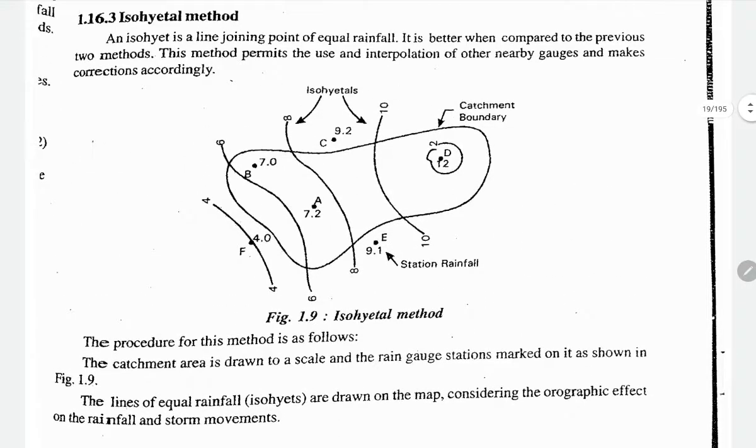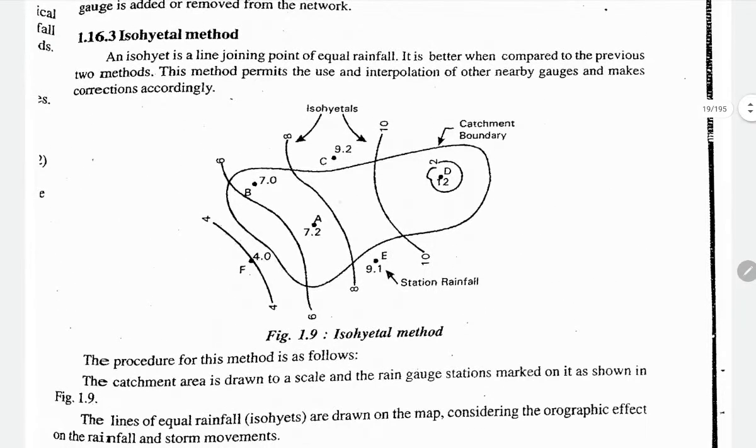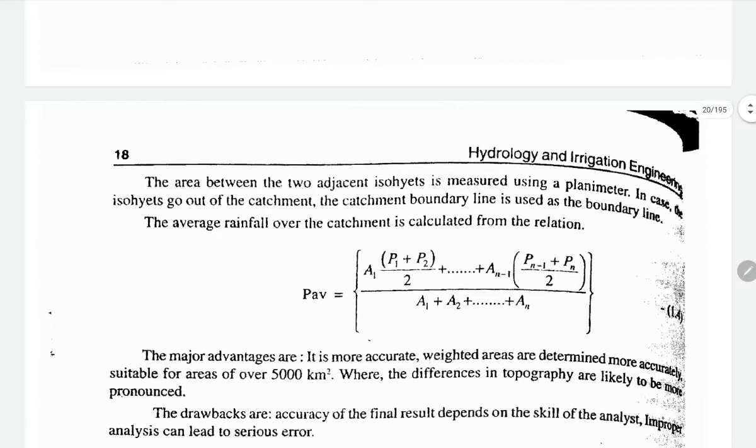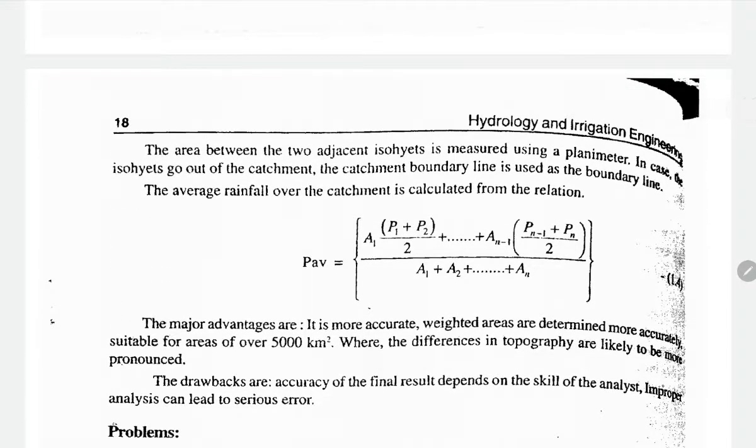Here the actual catchment area is divided by this, and the accurate area is calculated using the planimeter itself. Based on that I will be finding the average rainfall.